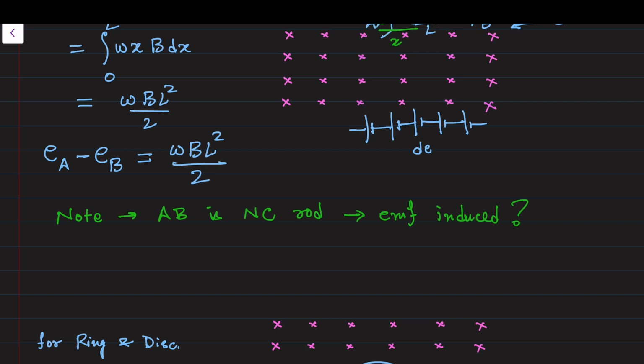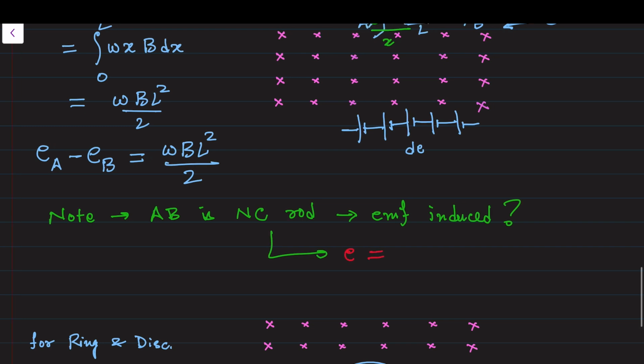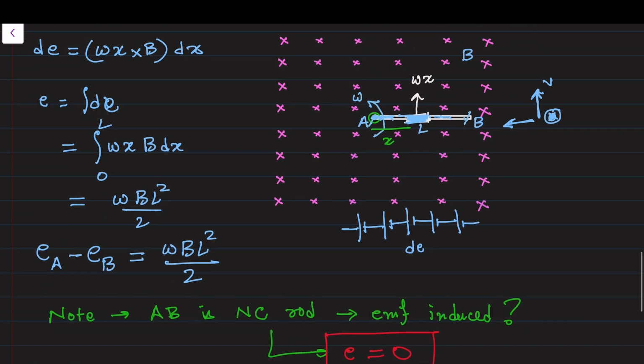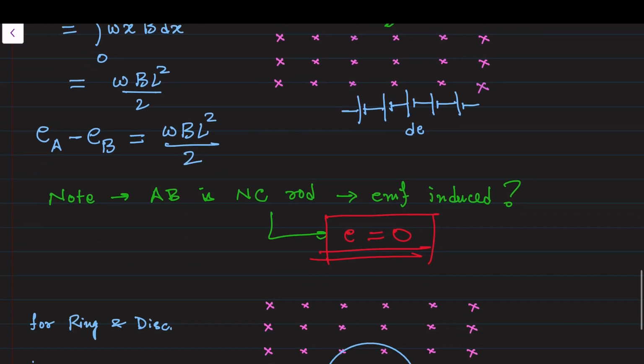If the rod is non-conducting, no free electrons movement, no accumulation of charges, no EMF will be induced. Then in this particular case, you have to remember the EMF induced will be 0. Very important thing. Motional EMF takes place only in the conducting material, not in the non-conducting material.